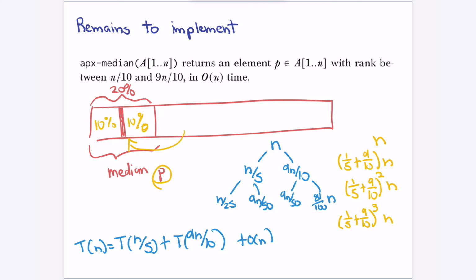And so forth. Okay, so all put together, you're going to get something like, maybe I'll ask you how many levels. Maybe you'll start from 0, 1/5 plus 9/10 to the i times n. But how deep will the tree be?